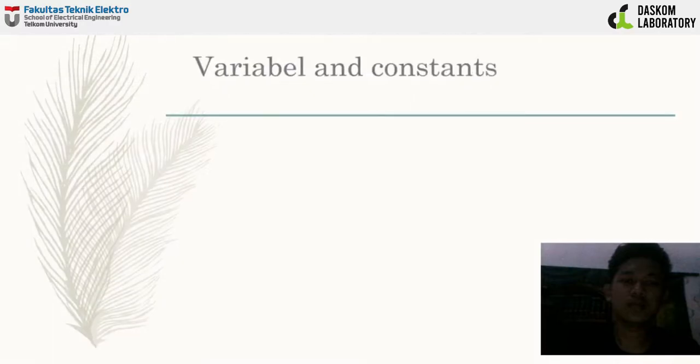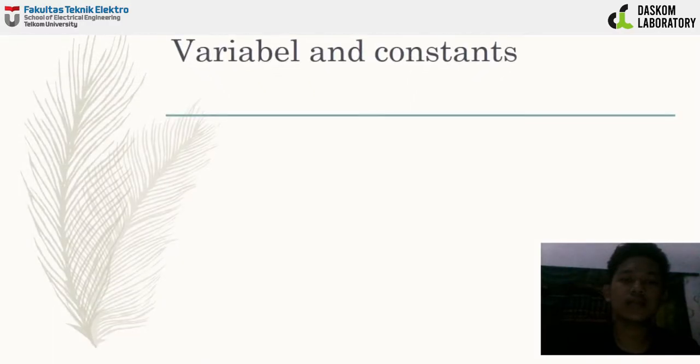So, next is variable and constant. I won't explain this in detail, you can search for it in the modules. I'm going to explain it simply. A variable is a name for data that has a value, and you can name it freely.